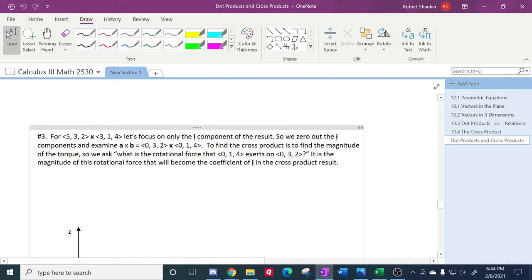Matthew, maybe the way the book was putting the force second, that's right. It seems to be consistent with what I was putting in here before, so I was remembering it wrong earlier. What is the rotational force that the second vector exerts on the first vector? It is the magnitude of this rotational force that will become the coefficient of I in the cross product result.